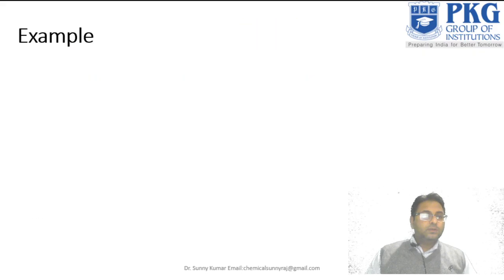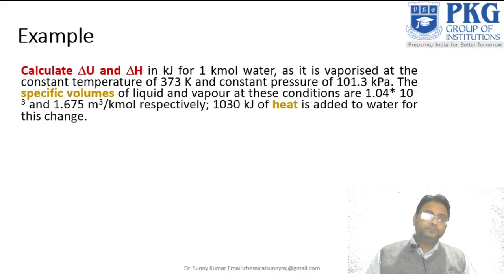So now we will do some examples to understand enthalpy and internal energy. This is an example: calculate the change in internal energy and change in enthalpy in kilojoules for 1 kilomole of water as it is vaporized at a constant temperature of 373 Kelvin and constant pressure of 101.3 kilopascal.